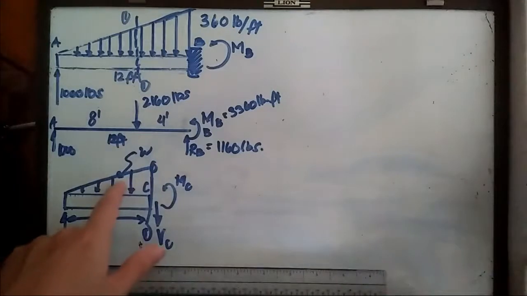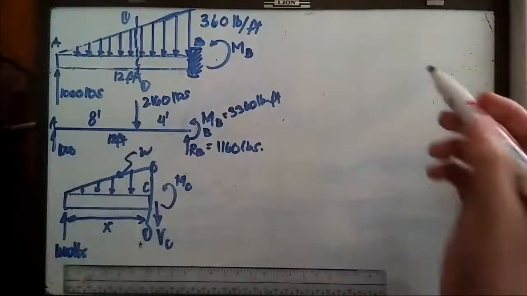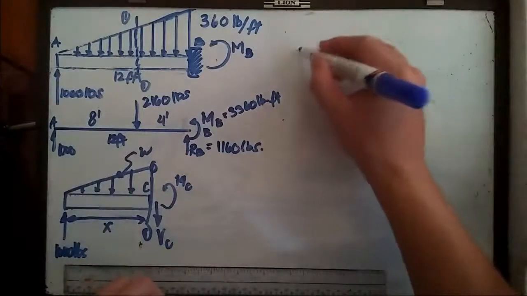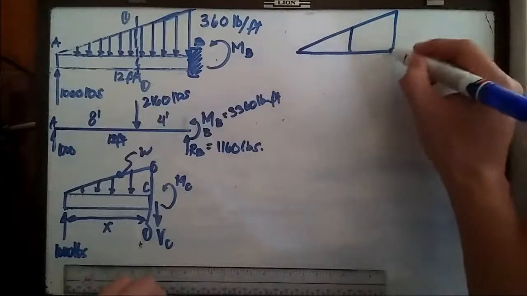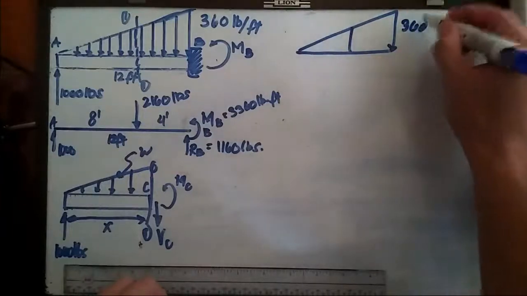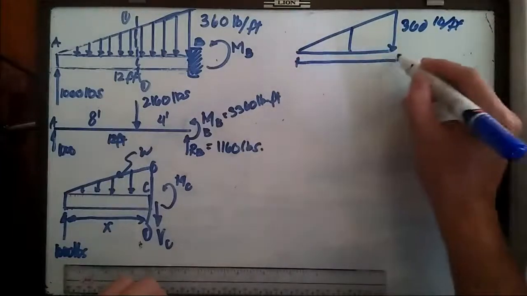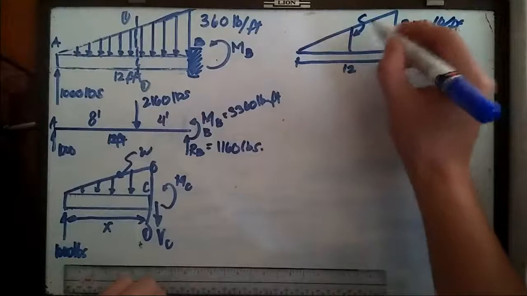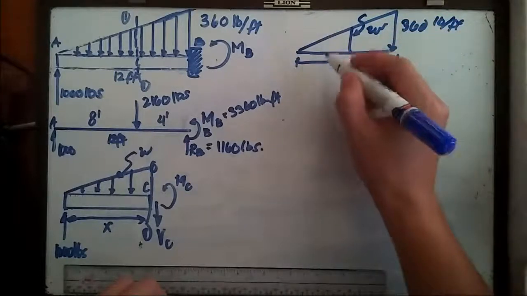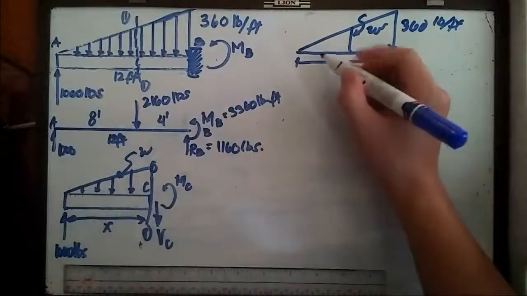In order to determine the new intensity, we're going to use ratio and proportion. The whole uniformly varying load is 360 pounds per foot and the whole length is 12. The new intensity corresponds to this length x.